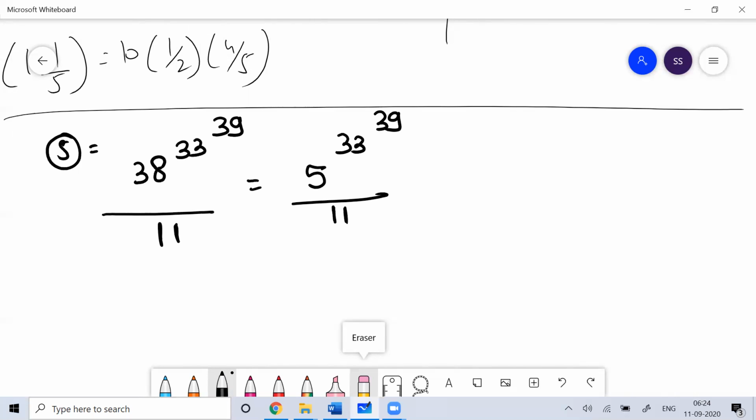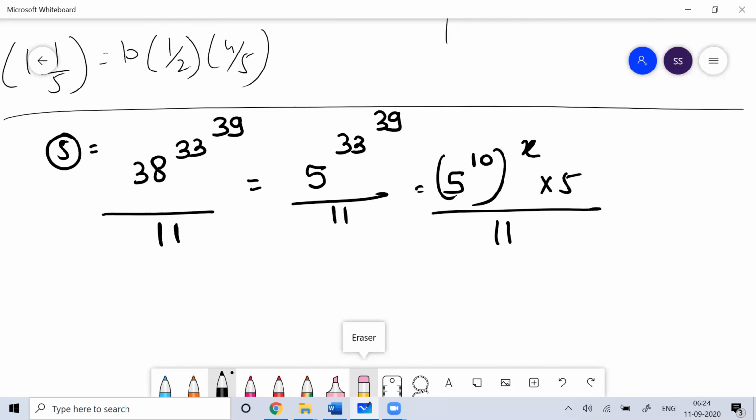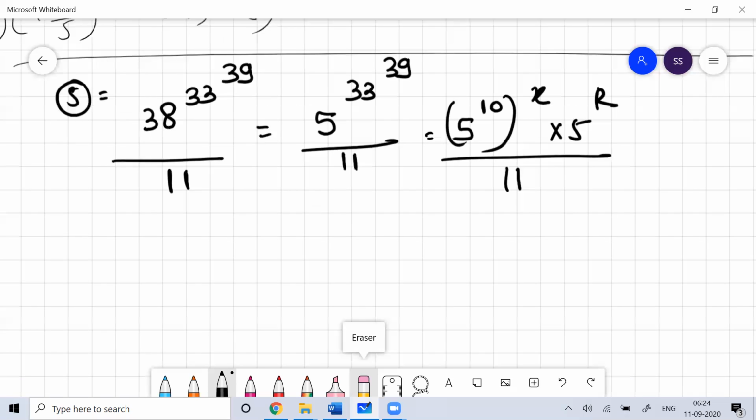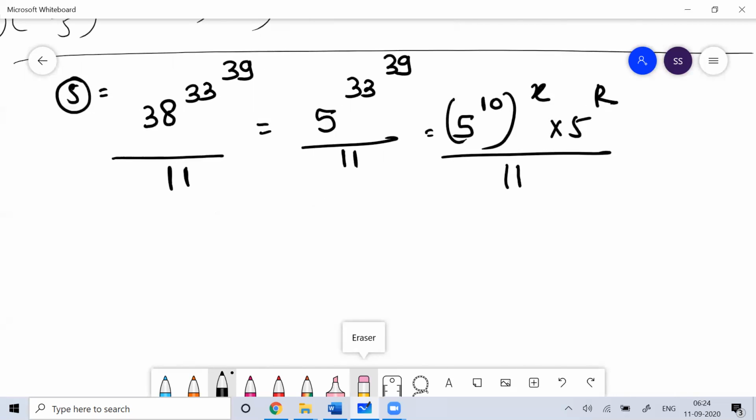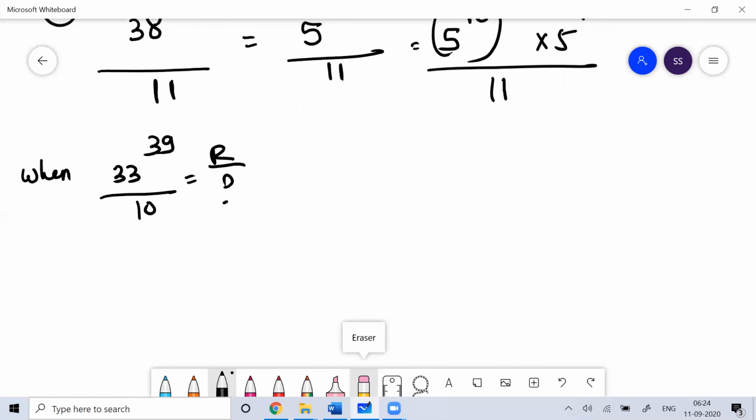So what is the totient of 11? It is 10. Ultimately, I need to think about when 33 to the power 39 is divided by 10, what is the remainder? 33 to the power 39 means 10 threes are 30, so this is 3 to the power 39 divided by 10.